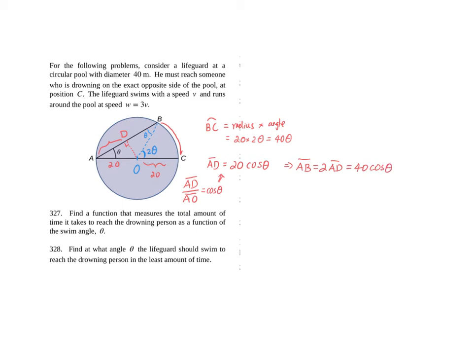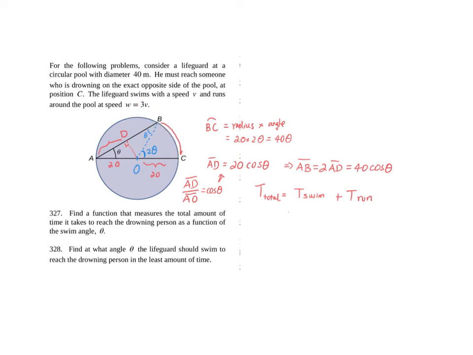With these two segments, we now should be able to find the total time, which is the time it takes for the lifeguard to swim from A to B, plus the time for the lifeguard to run from B to C, right? You do know the speed from A to B for the swim is v, and from B to C is 3v.